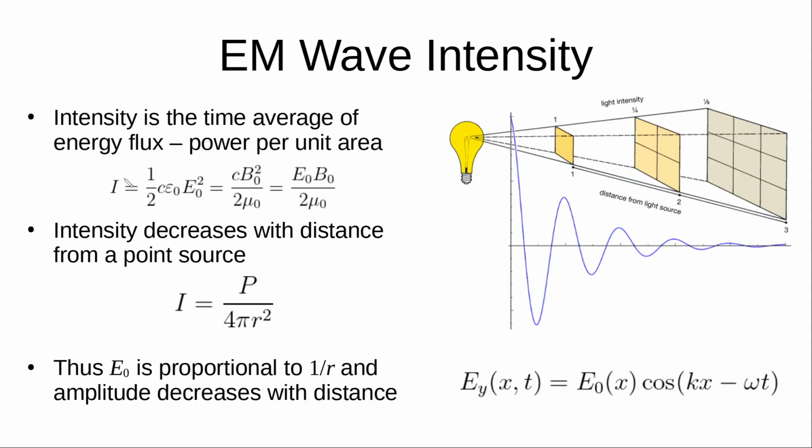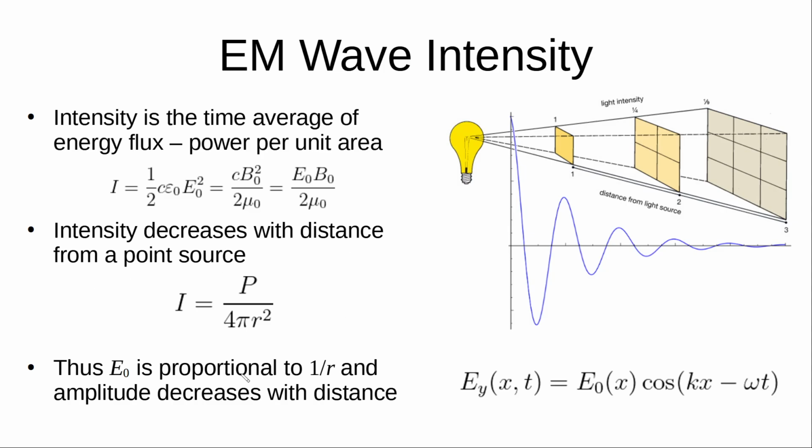So that gives us our formula for intensity, which is just 1/2 times the speed of light times the proper constant times the electric field magnitude squared. And we can again express these using either just electric field, just magnetic field, or a combination of the two because of the equivalency noted earlier.